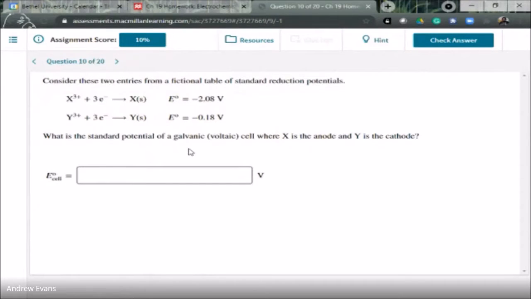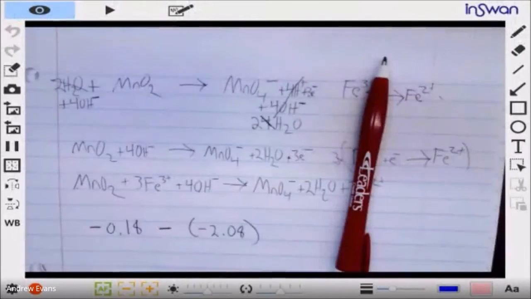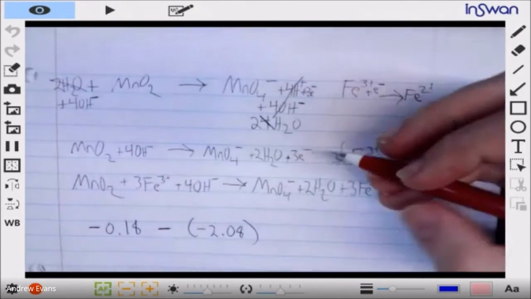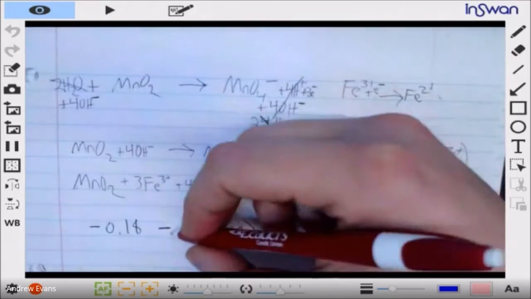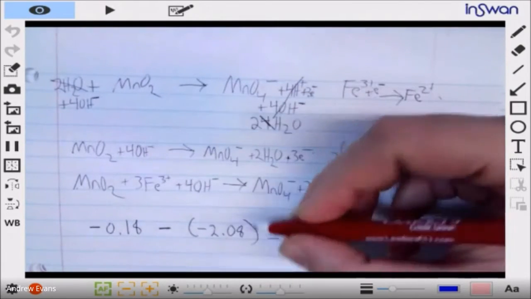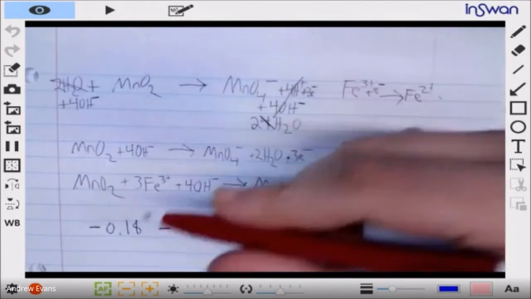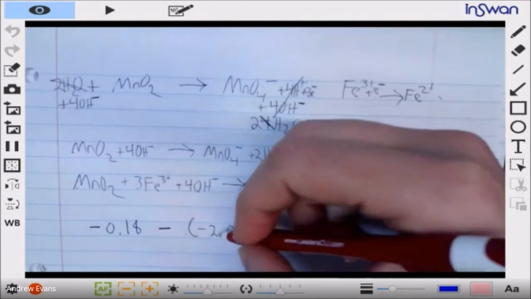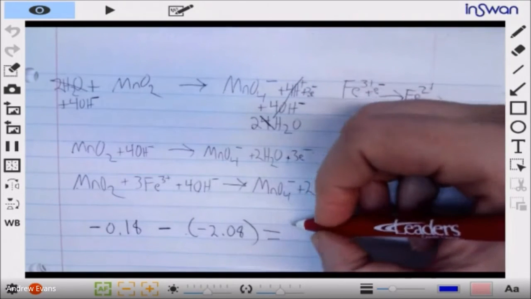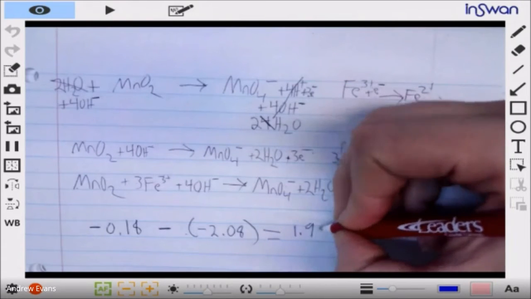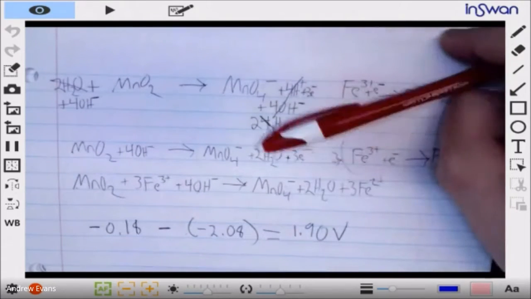The guy who gets reduced is 0.18, minus the guy who gets oxidized, which is negative 2.08. Because this is galvanic, we expect this to be positive. And so when we subtract a negative, it's a positive 2.08. So you get 1.90 volts is our answer.